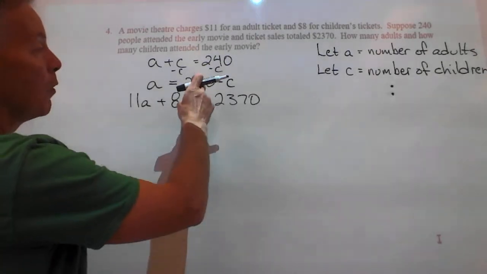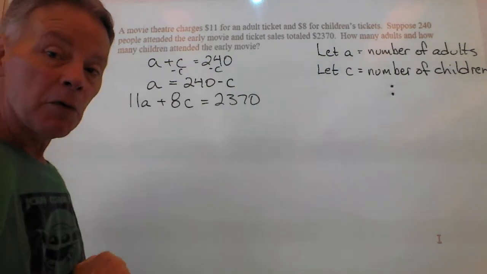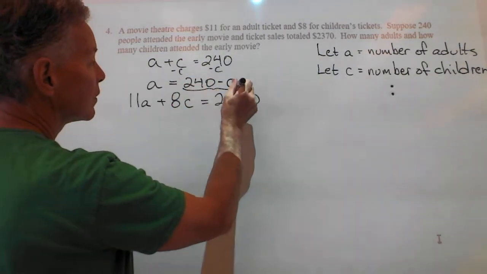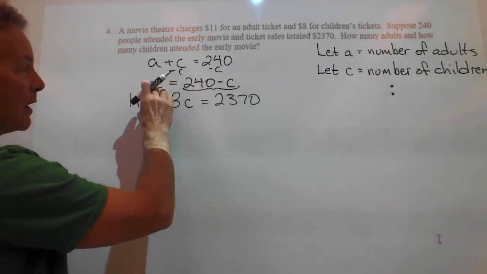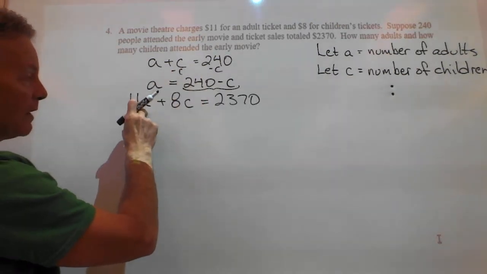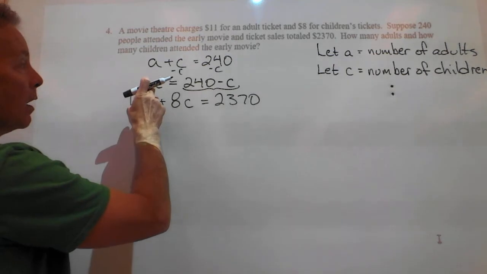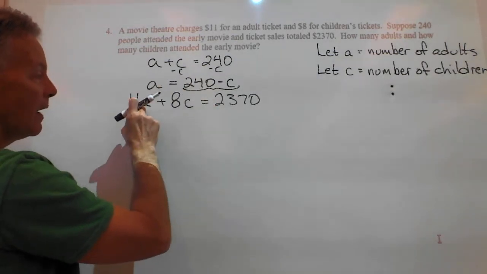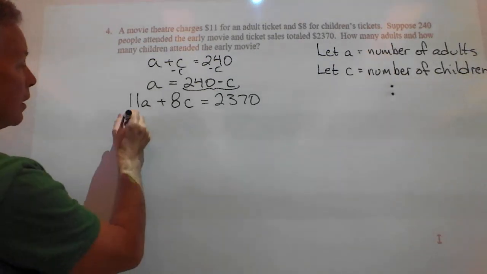Okay, so we've rearranged to isolate A. Remember, the second step when we're solving by substitution is we're going to take this expression, because this is what we've said A equals, and we're going to substitute this expression into our second equation. Right? We know that if A equals 240 minus C in this equation, then A will also equal 240 minus C in our second equation.